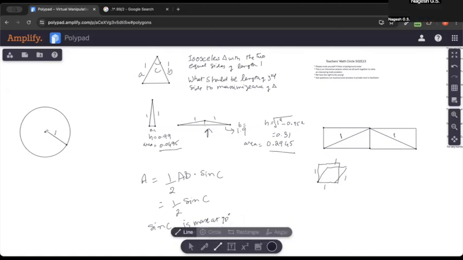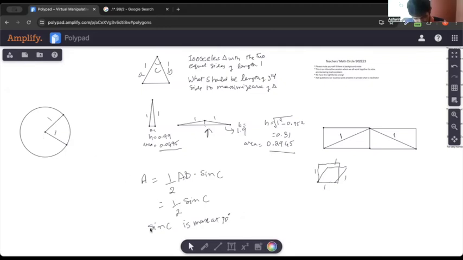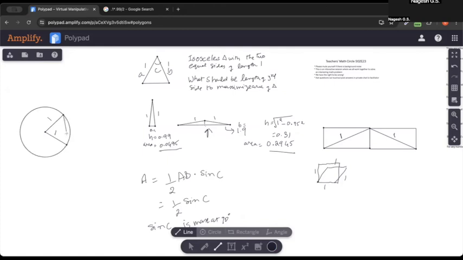The question asked is, if I join the 2 points, that is the triangle we are talking about. Which of these triangles has the maximum area?